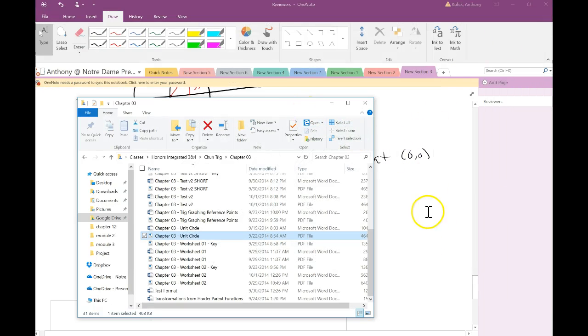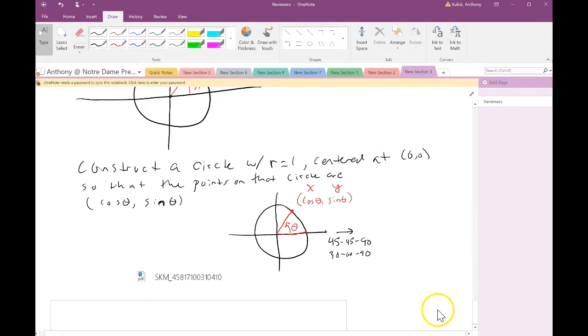Let me just actually drop that in here. Okay, come on, OneNote. Start OneNoting here. We're frozen, so it's just going to be a minute, I guess.